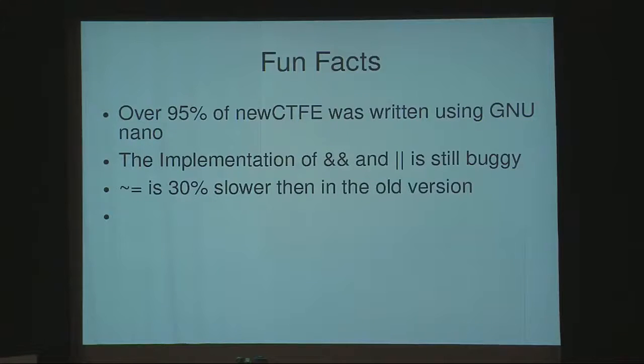It should be a simple thing, but it still doesn't work. And concatenate equals is 30% slower in my interpreter because it allocates everything every time you concatenate something onto it, and it actually has a factorial term in the space of text. And this is the last slide. So I'm done.